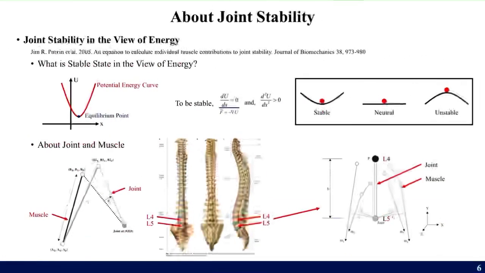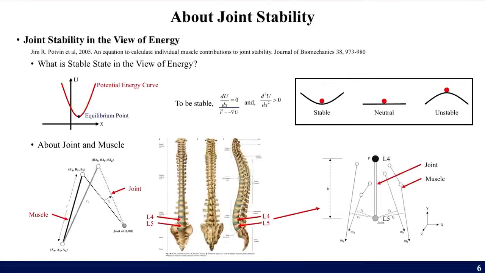Then we need to parameterize the joint stability, and there is a paper that defines and parameterizes the joint stability. The basic concept is its potential energy. So see the picture on the right.